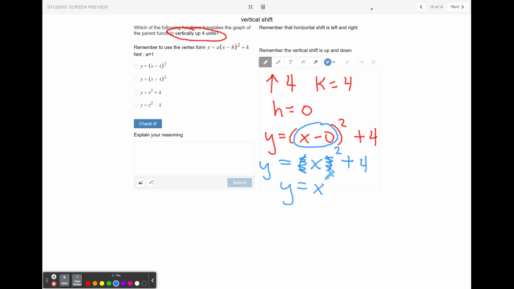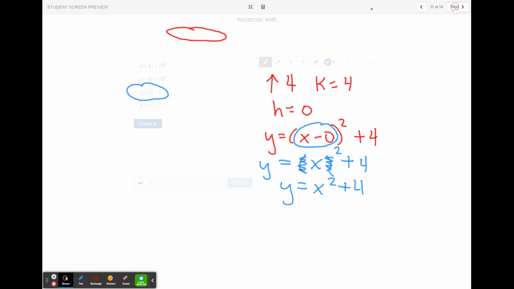So then we have y equals x squared plus 4. So you can show your work that way. If you wanted to explain your reasoning, you could say vertically up means a positive k. I know k is at the end of my equation, so that's why I chose y equals x squared plus 4. Something along those lines if you wanted to write it as well.